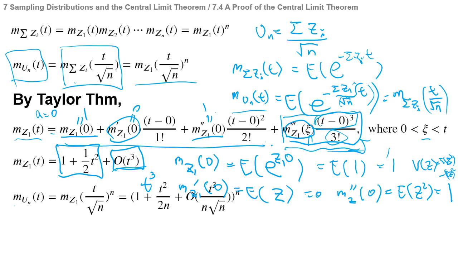We want to calculate the moment generating function of U_n at t, which is this one, and in here we are putting t over square root of n, and so the U_n MGF can be written as this one: 1 plus t squared over 2n plus big O of t third over n square root of n. And what we want is the limiting distribution of this term.